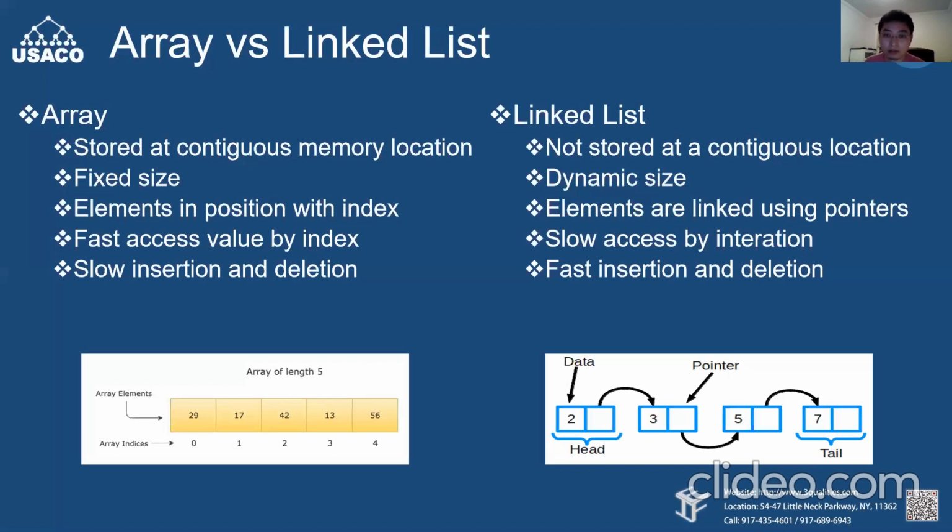Then the next reference of the previous node points to the new memory location. That's the reason why we say the linked list is a dynamic size: you can add a new node anytime without changing the location of the existing nodes.